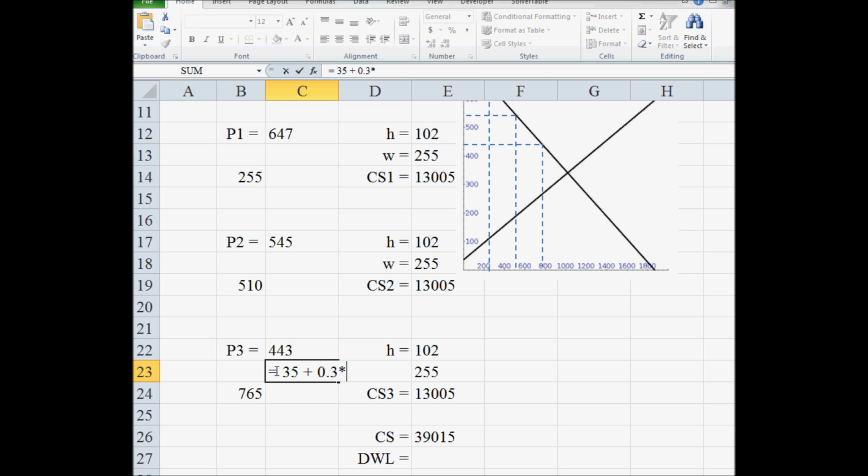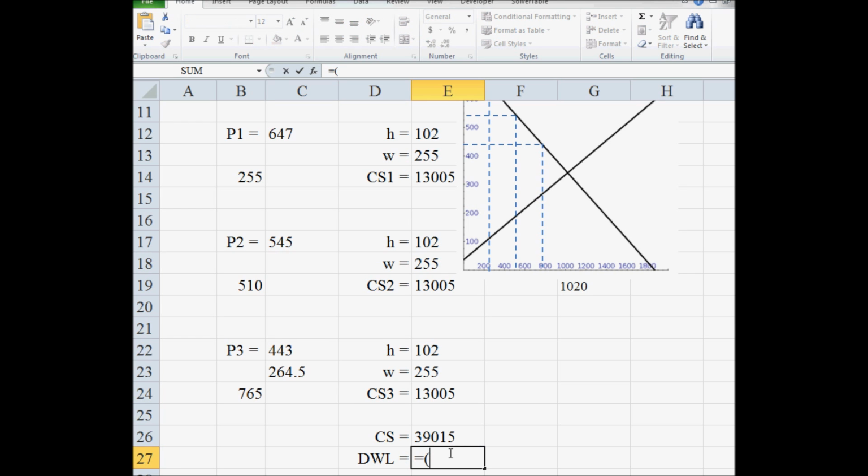The supply curve was P equal to 35 plus 0.3 Q. So I drop the P, and then if I click on this quantity here, I get a price along the supply curve equal to 264.5.